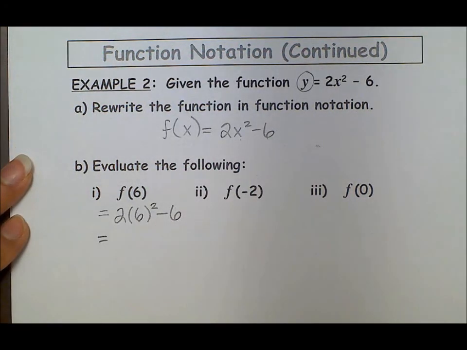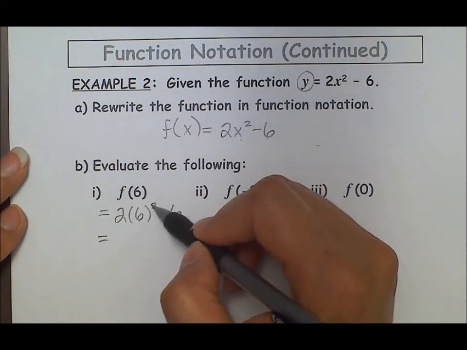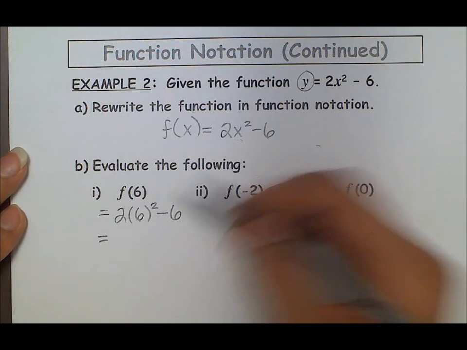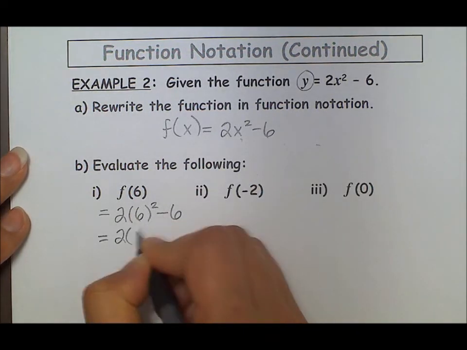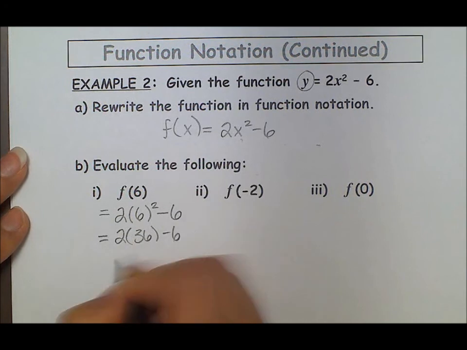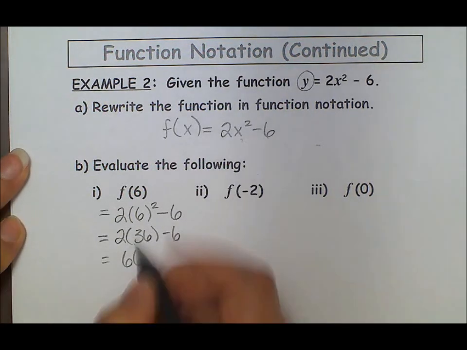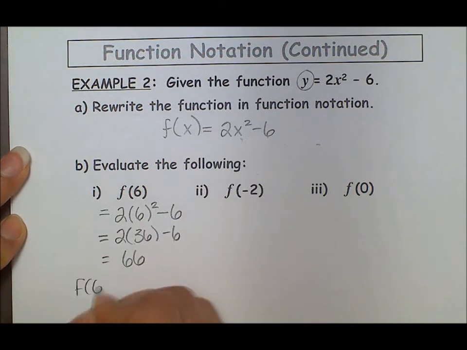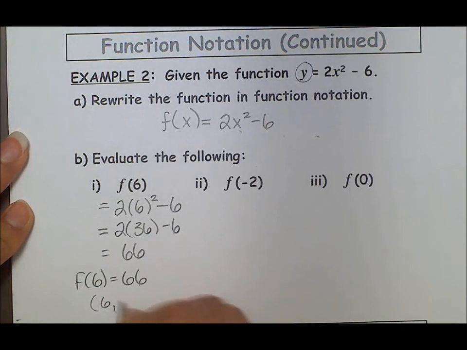All we've done is wherever there was an x in the original statement, we replaced it with a 6. And if I evaluate this using order of operations, I get 2 times 36 minus 6. So that's 72 minus 6, which is 66. So f of 6 equals 66. And so that tells me there is a point at x equal to 6 and y equal to 66.